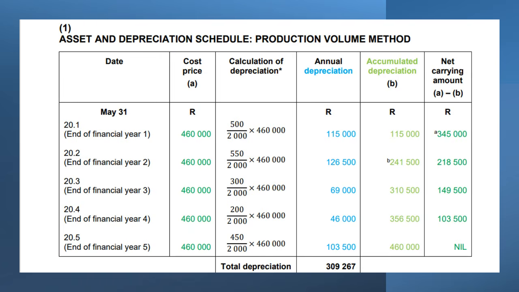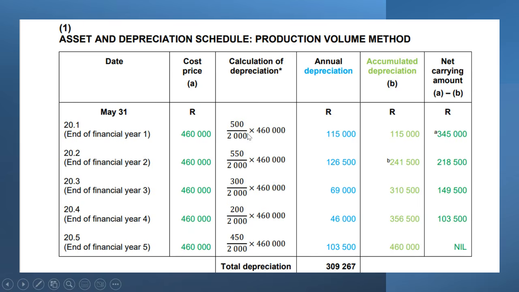This is very important because students tend to confuse. They think that sometimes they will use the units expected to be produced in that particular year. We are not working with that. We are saying the actual units that have been produced, you divide by the total units expected to be produced over the useful life of that asset.